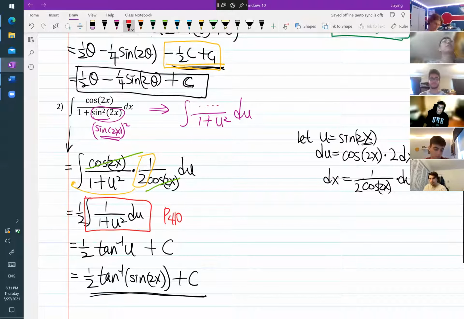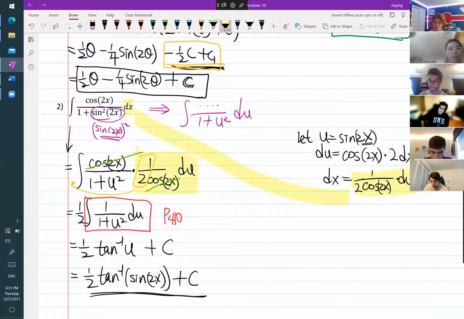I got du, but what about putting dx into the equation? So you got dx, right? Literally take this expression and go back to the integral, where you see dx, you substitute for the dx there. So that's why I got this part.